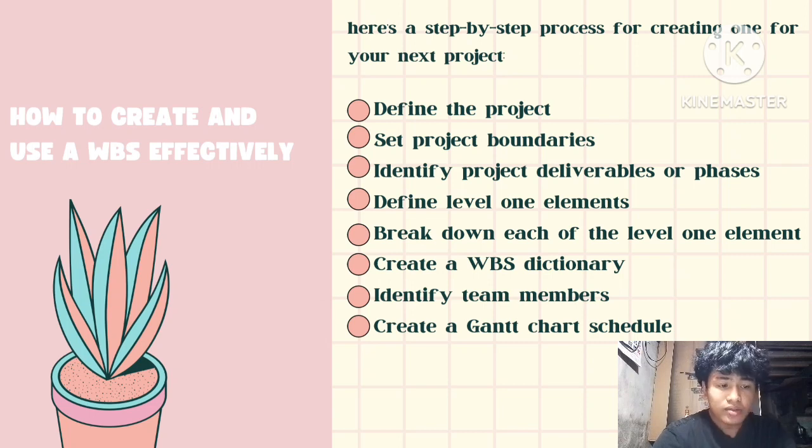Establish the limits and constraints within which the project will be executed, including any external factors that may impact its scope or timeline. Identify project deliverables or phases. Determine the major outcomes or phases that need to be accomplished to achieve the project objectives.